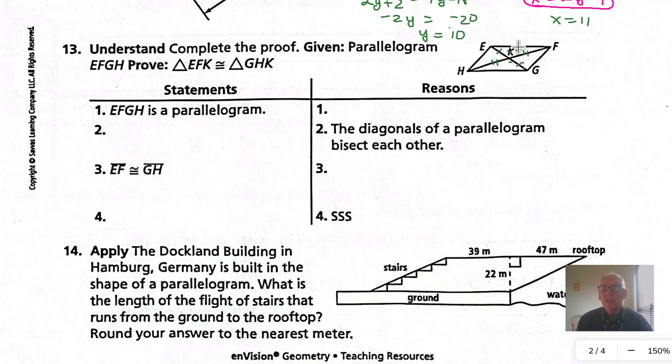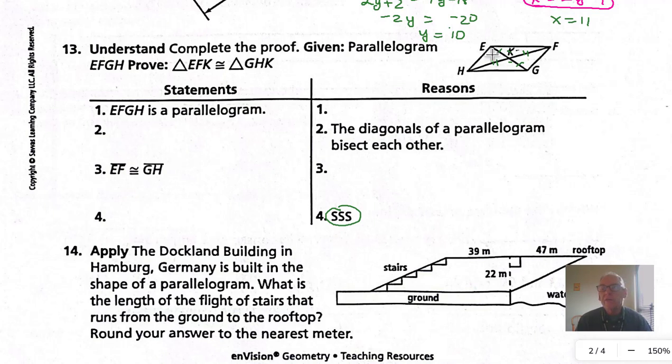So opposite sides of a parallelogram are congruent. That gives us one of the sides. The diagonal EG is bisected by HF. So that gives us EK congruent to KG, which gives us another side. And HK is congruent to KF, which gives us another side.